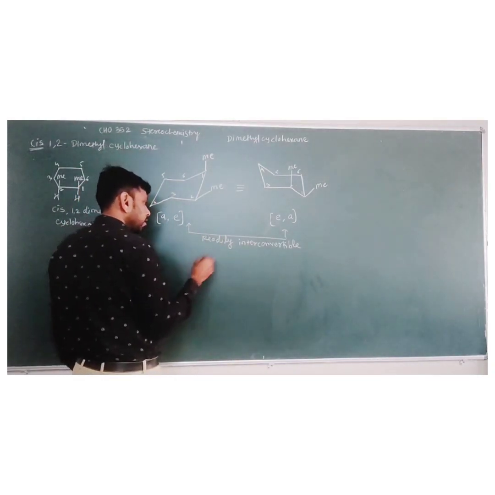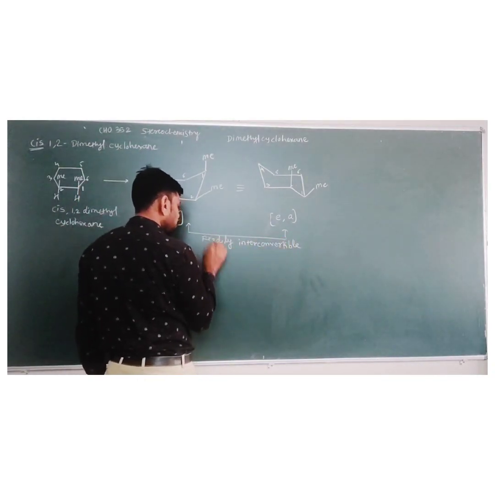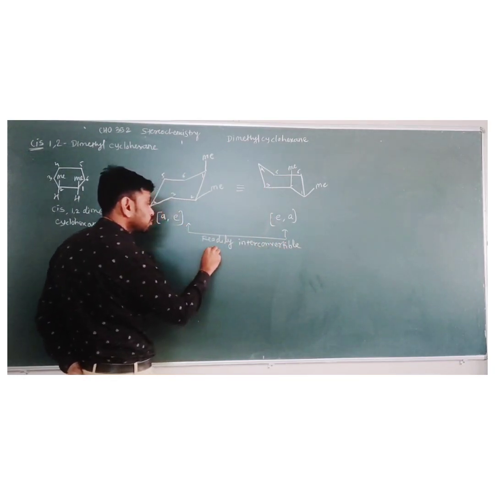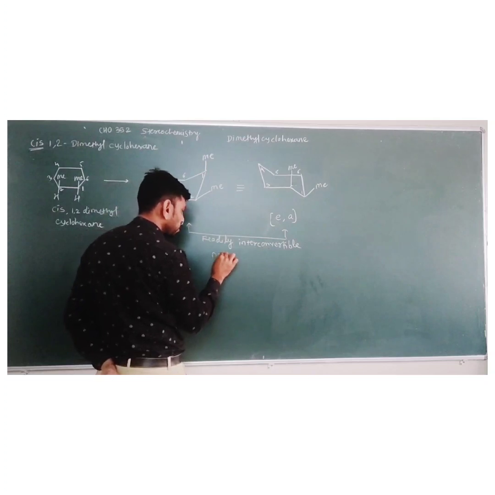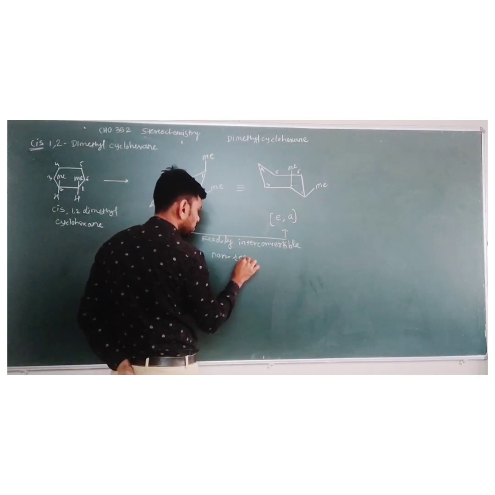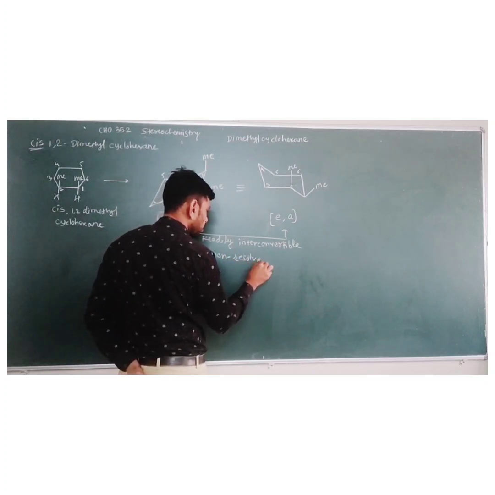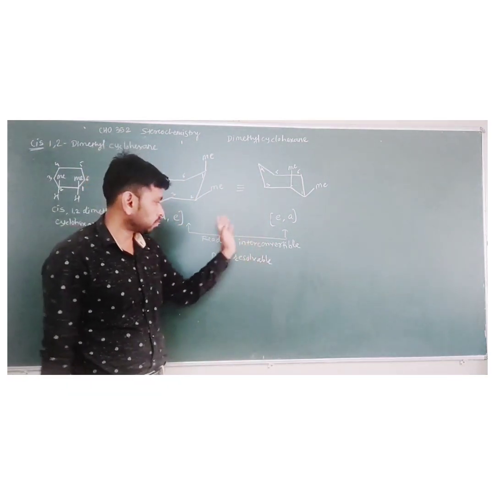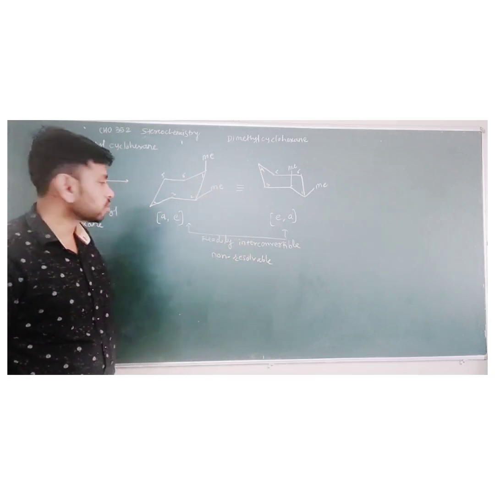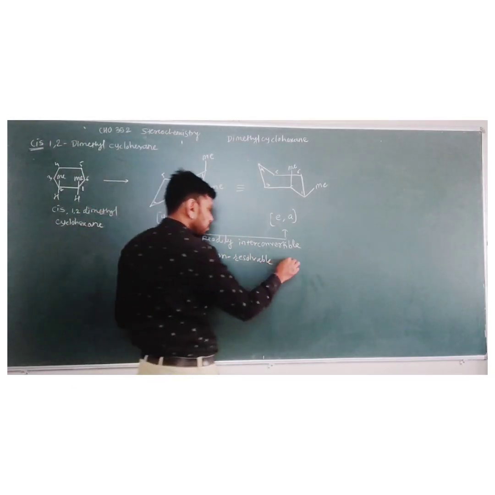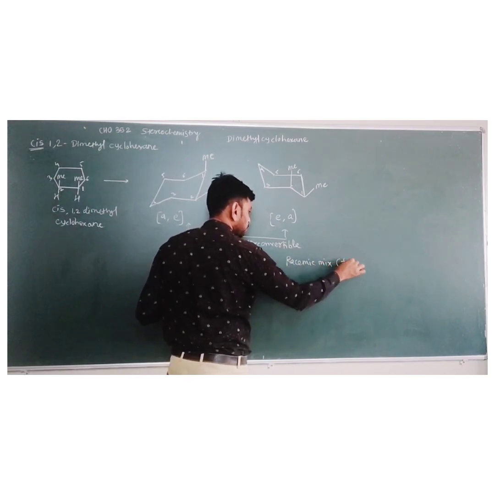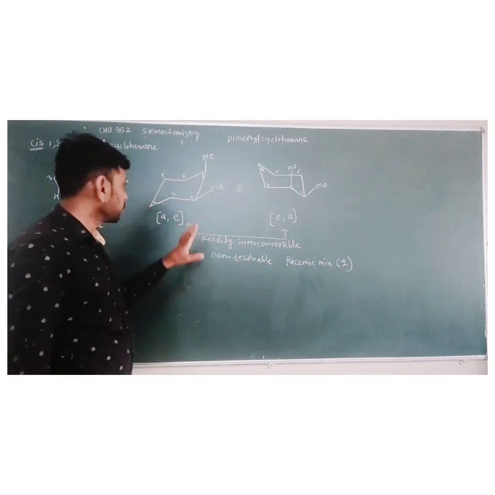These two forms are non-resolvable. We can't resolve them because they are readily interconvertible, so it is impossible to separate them. Two enantiomers are there, so we obtain a non-resolvable racemic mixture of these two.